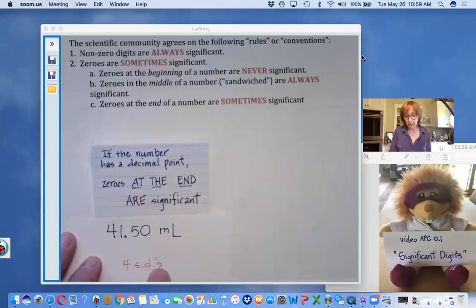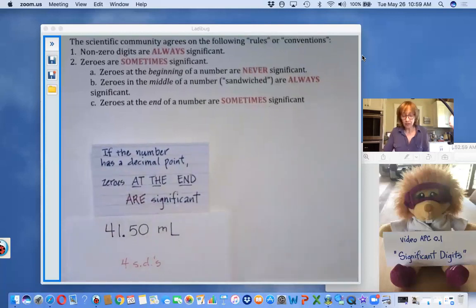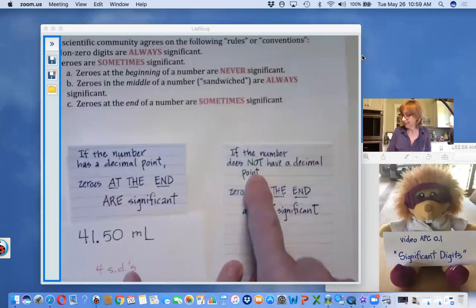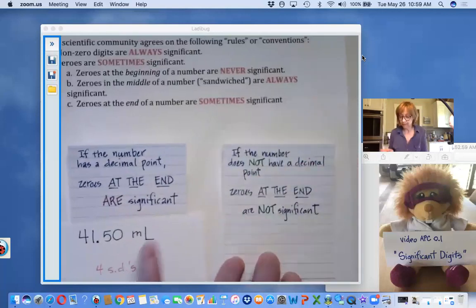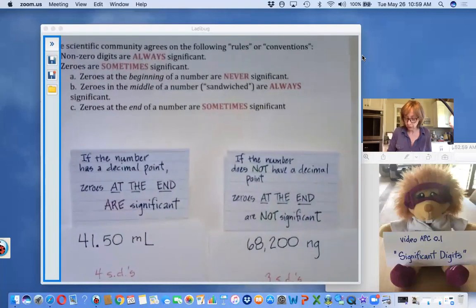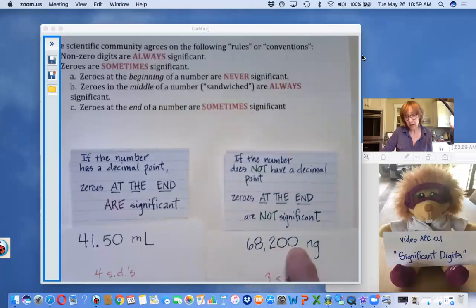In this case, 4 SIGDIGs. Some numbers, however, have trailing zeros and the number does not have a decimal point. For example, 68,200 nanograms. This measurement has trailing zeros, but notice the number does not have a decimal point. This, by the way, is a comma.